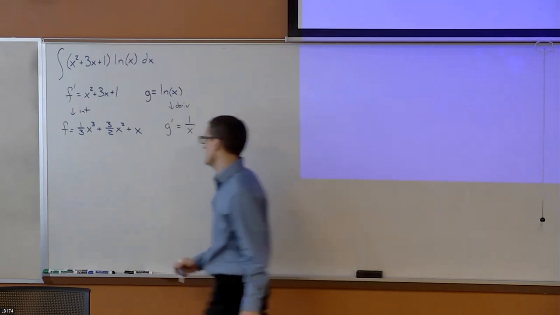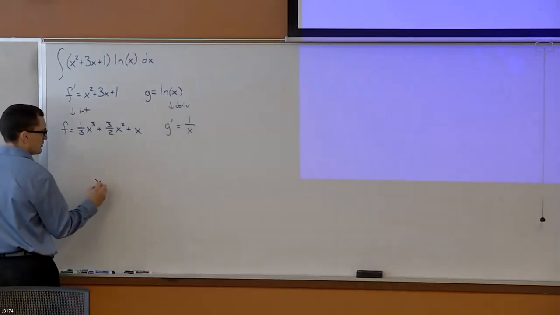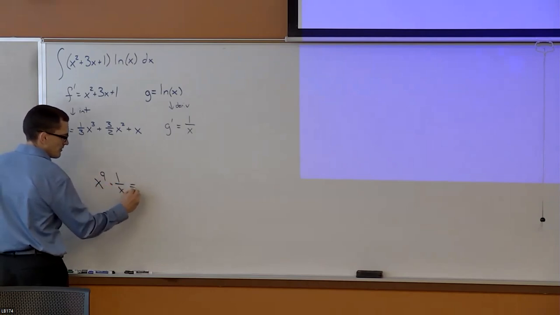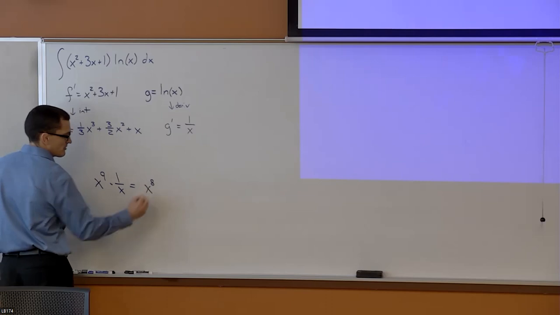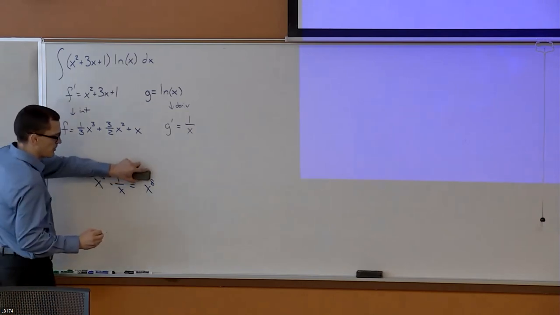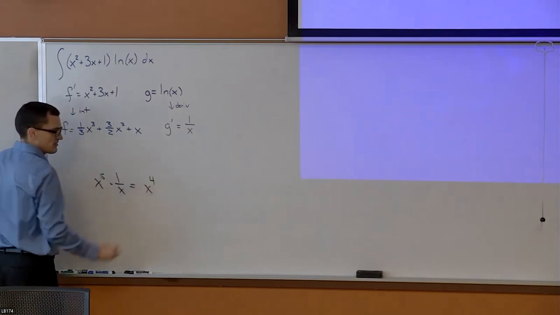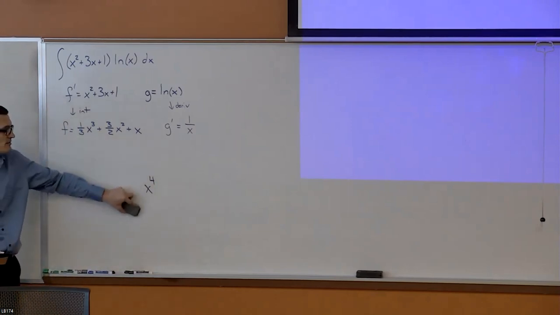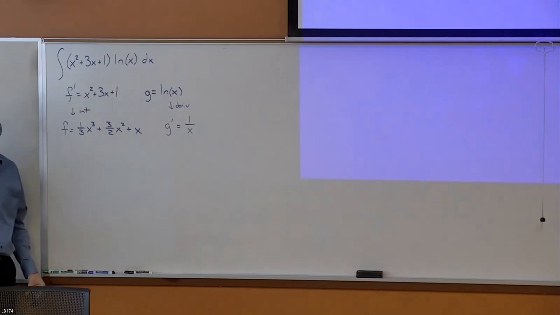What's going to happen when I multiply x to a power, let's say x to the 9th times 1/x? Well, you're just going to get x to the 8th. Or if I multiplied x to the 5th times 1/x, I'm going to get x to the 4th. So 1/x is really nice to have to multiply to polynomials. And that's the whole trick.